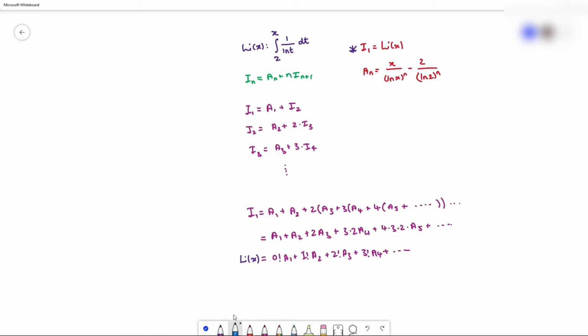And now in summation notation, what we find is that Li of x equals the summation of a of n times n minus 1 factorial, from n is 1 to infinity.